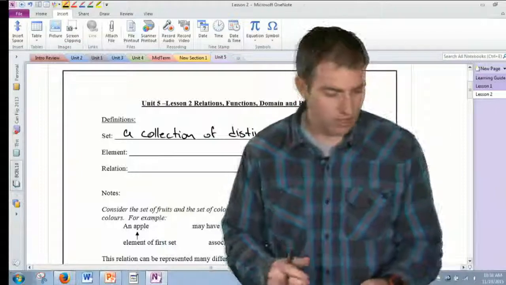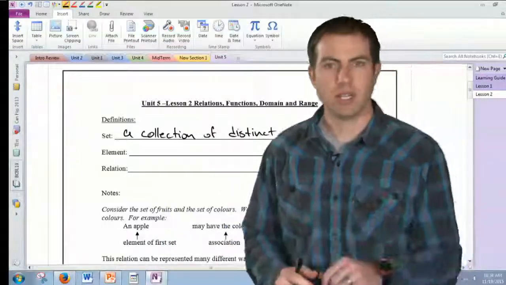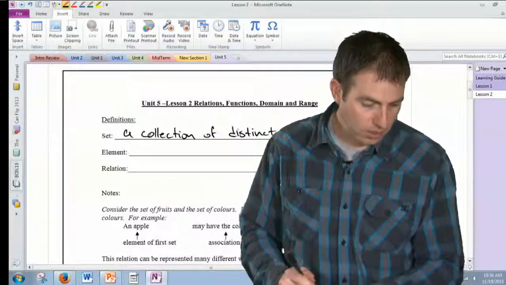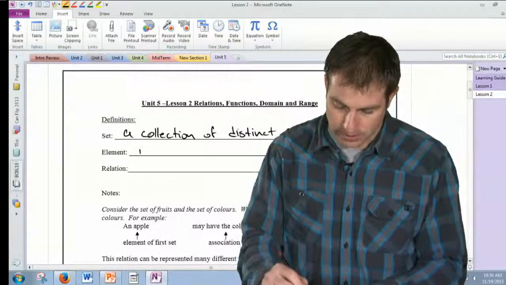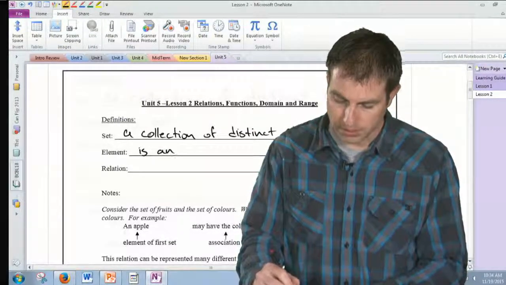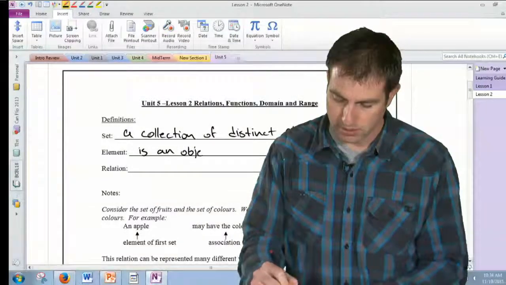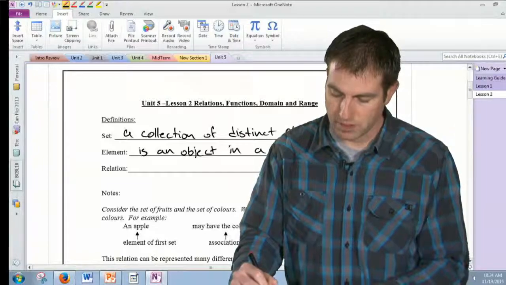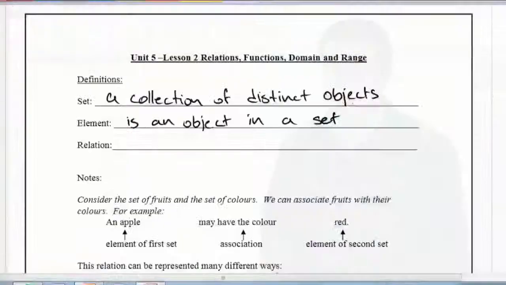Does anybody collect things anymore? Maybe records, MP3s, or video games. I don't know. An element is an object in a set. So one of the things in the set is the object.